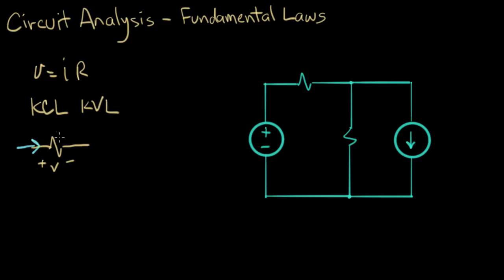And I've drawn a circuit here. So what we see is we have a voltage source. We'll call that Vs, and we'll give it a value of 15 volts. We have a resistor, R1, that we'll give a value of 4K ohms.